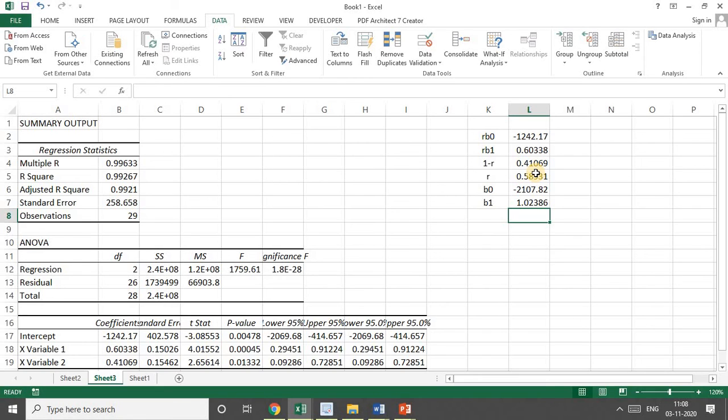Now the original equation is minus 2107.82 plus 1.02386 into x star t. What does it mean?